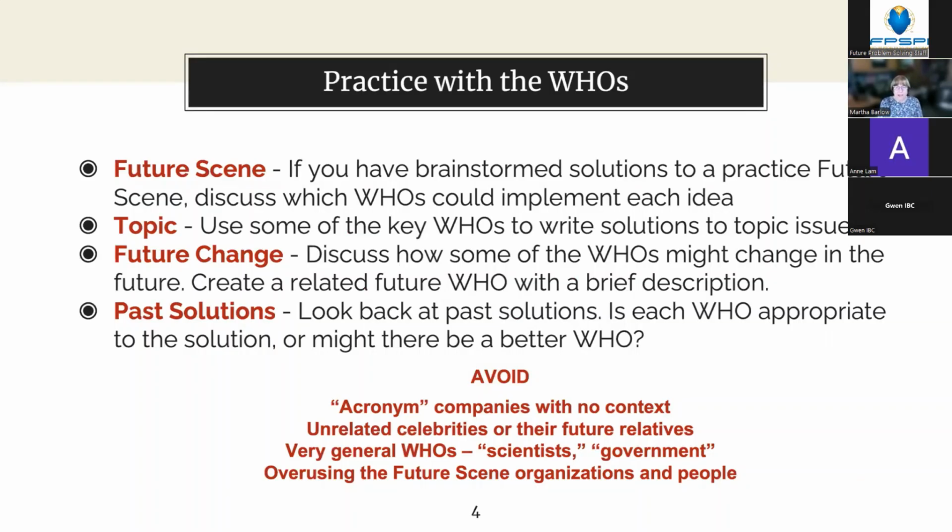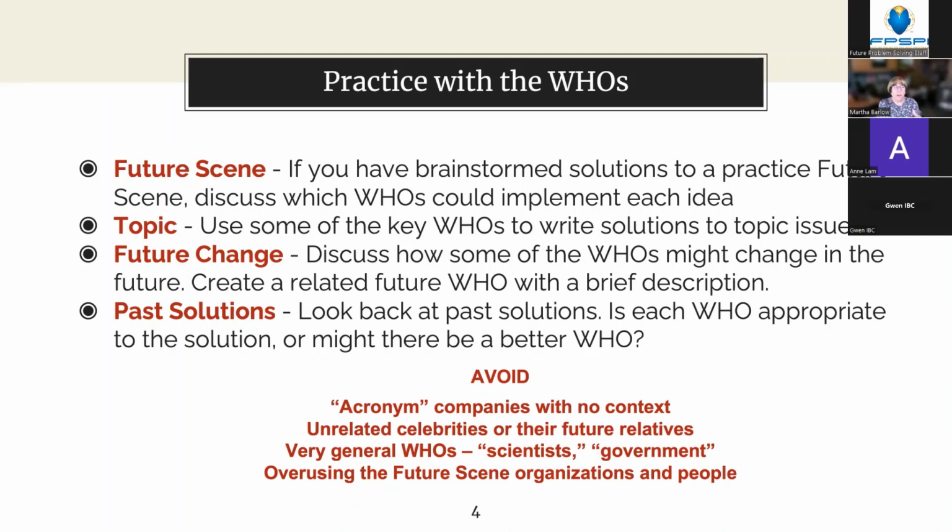Then you want to practice with the who. If you have a future scene or you've brainstormed solutions to a practice future scene, you can talk about who would be an appropriate who to implement each idea, and ask them to use some of the who's to write solutions. And look at your list of who's and ask how these who's might change in the future.